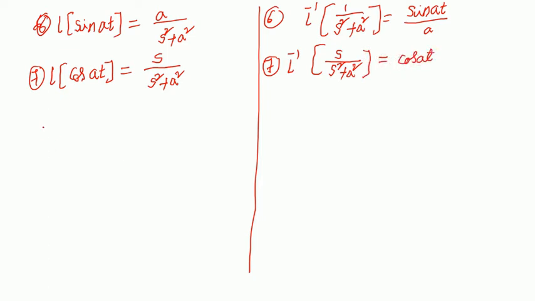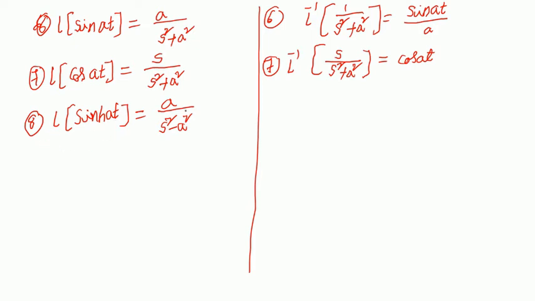Now the eighth one is L of sin HAT. L of sin HAT is equal to A by S square minus A square. So from this, bring L from left to right, then operate L inverse on both sides. Here L into L inverse is 1, and you get sin HAT.